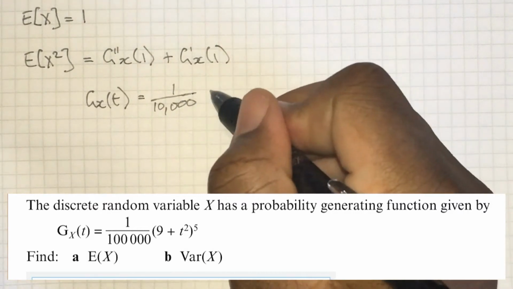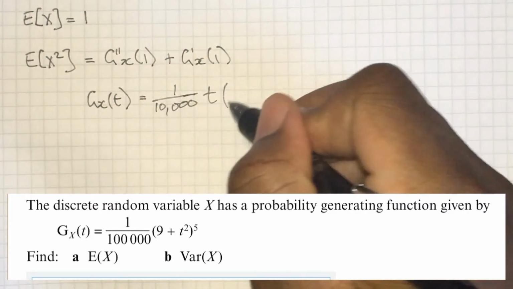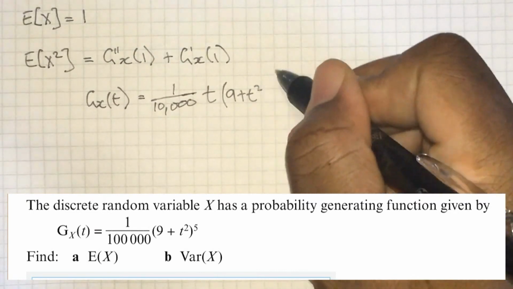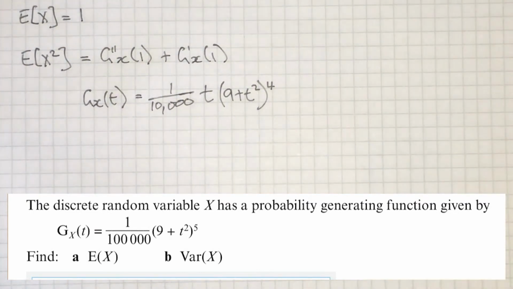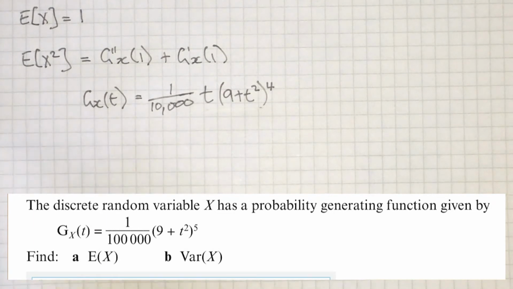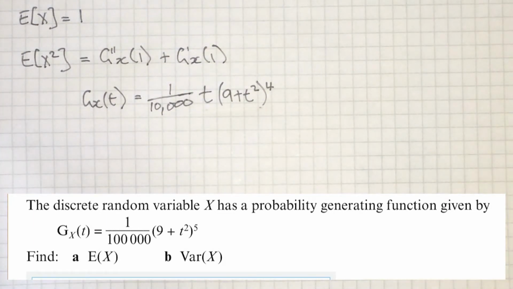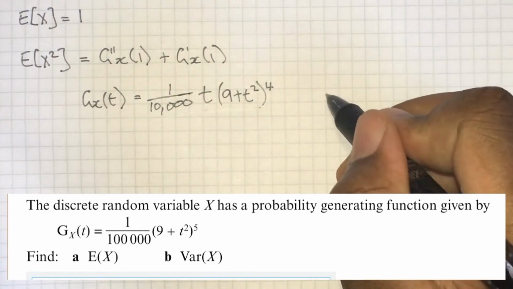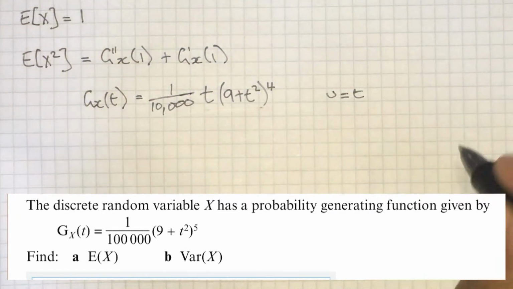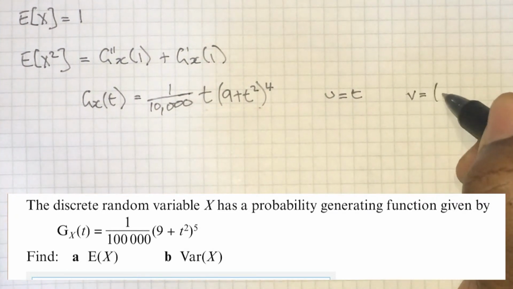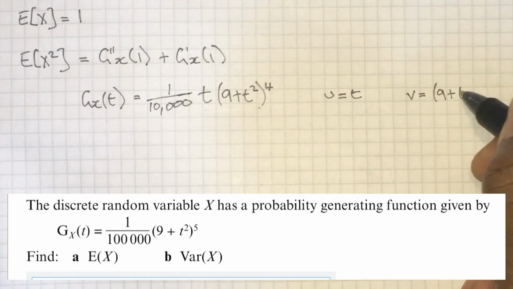So I've got 1 over 10,000, its coefficient, I'll leave that out for now. And I've got t as one of the functions, and this bracket to the power of 4 as the second function. Alright, so let's just quickly define those. So the first function u is t, second function v is 9 plus t squared to the power of 4.